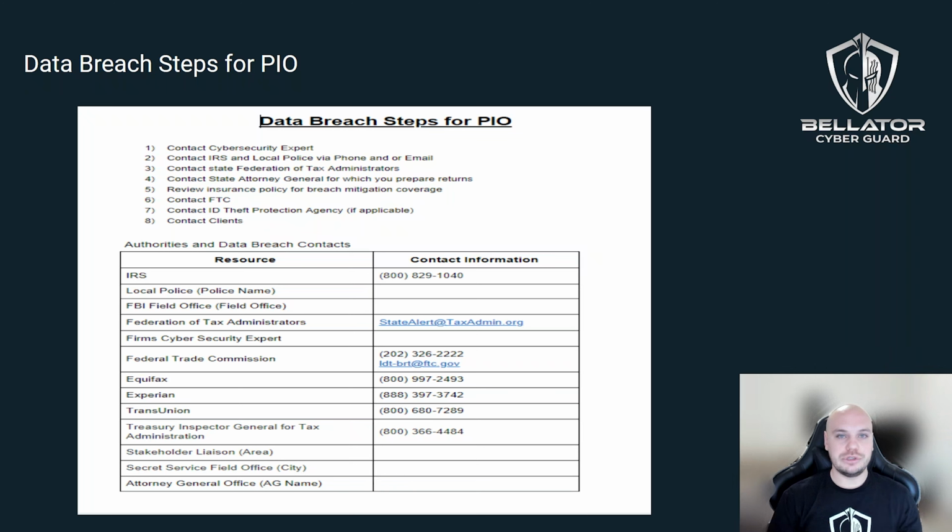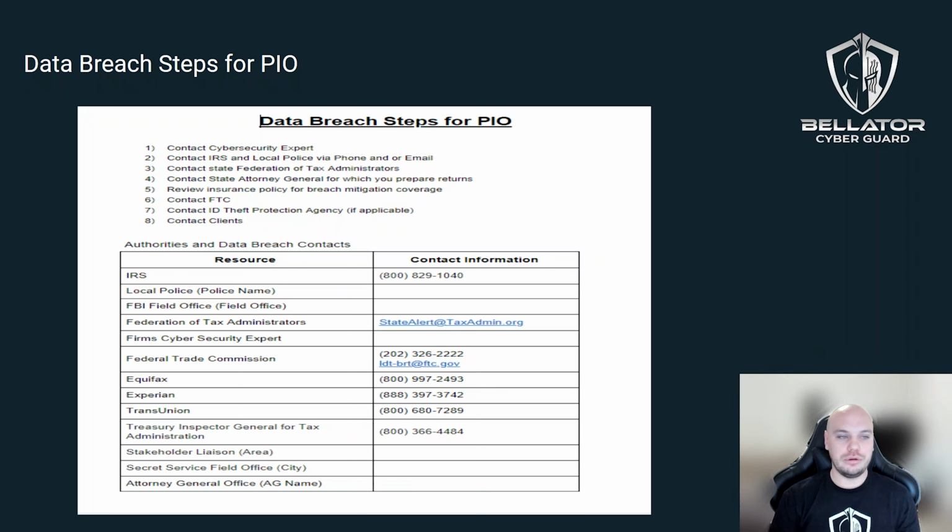They're the ones making these contacts and speaking on behalf of the organization. If anyone would speak to press or anything, that would be them. So these are the steps for them to take. These again can look different if you have other qualified individuals, other responsible people within the organization that have their roles.